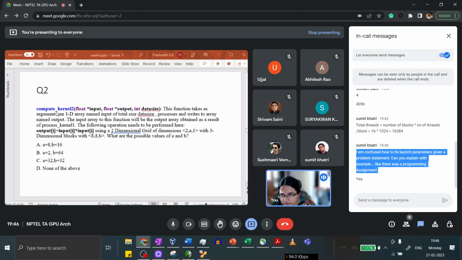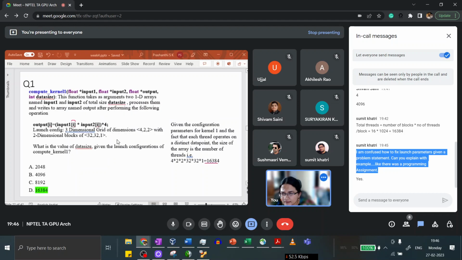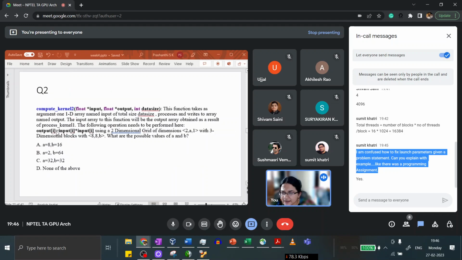So, we have a compute kernel 2 now. This takes as an argument a 1D array named input of total size data size, processes and writes to an array named output. The input array to this function will be the output array obtained as a result of compute_kernel_1, basically from the previous question.